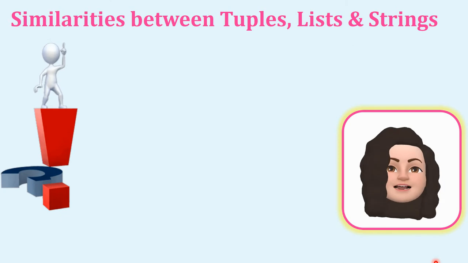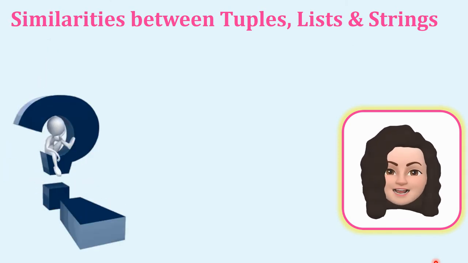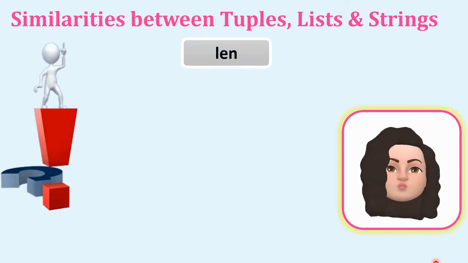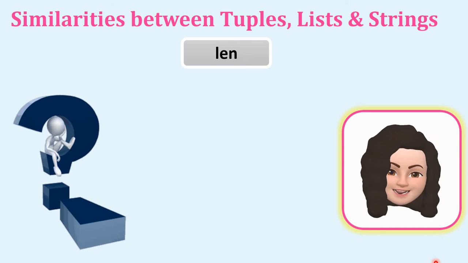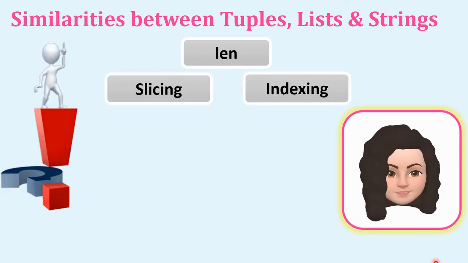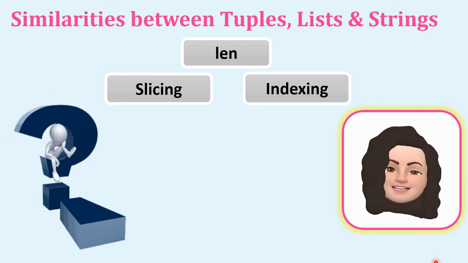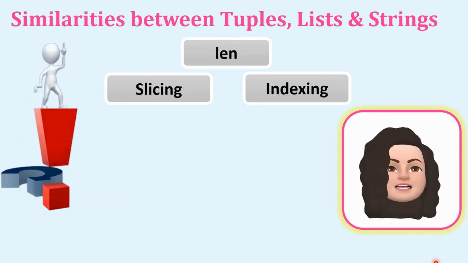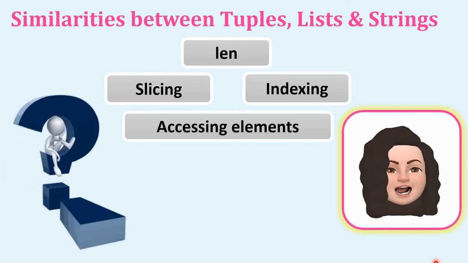What are the similarities between tuples, list and string? Yes, len function. This function is used to count the number of elements in a list or a tuple or a string. Then slicing is the same. Indexing, forward indexing, backward indexing, the same in tuple, list as well as string. Then accessing a single element of a tuple, accessing multiple elements using range.